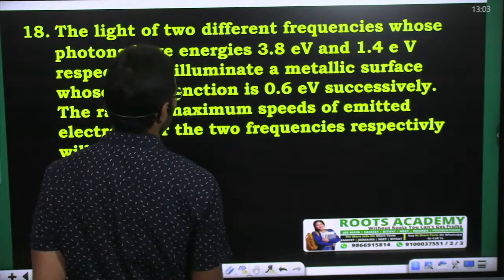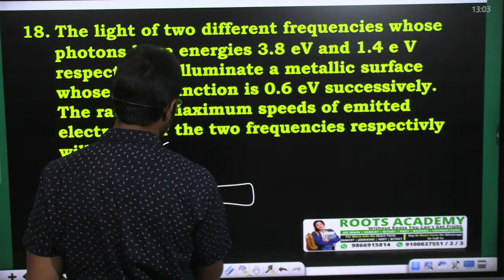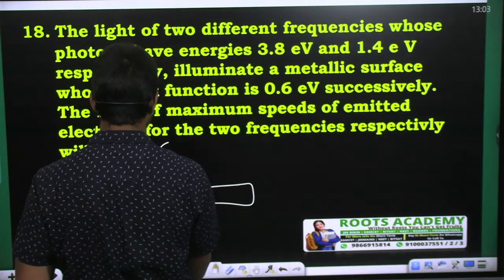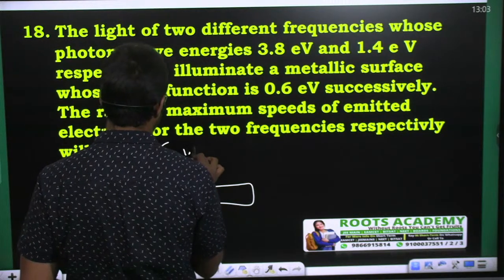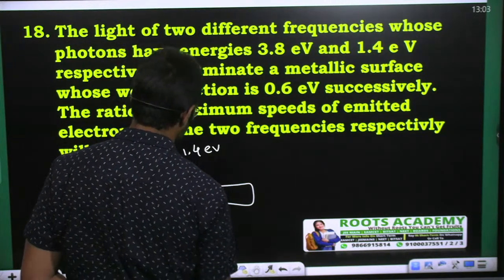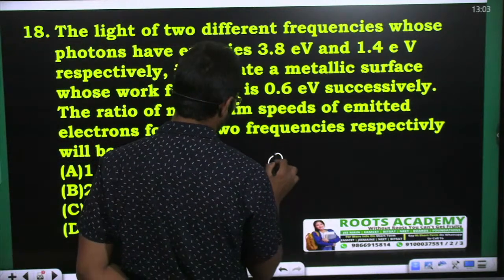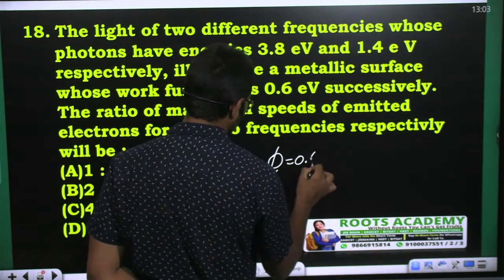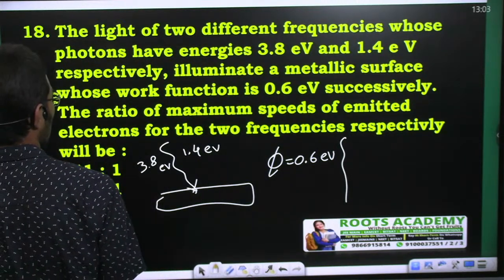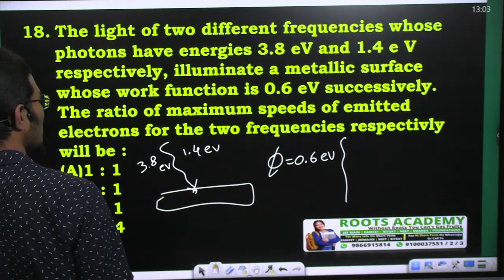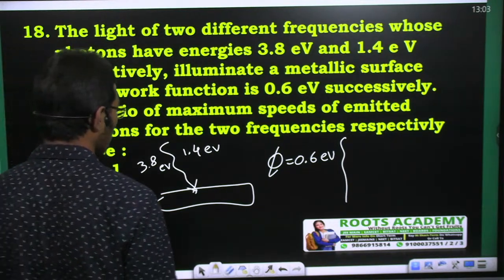See, the energy of incident is 3.8 for one case, and in the other case it is 1.4 electron volts. Work function is given as 0.6 and it is the same for both. So what exactly is work function? The minimum energy required to remove an electron from the given metal surface, and it's a property of the material.